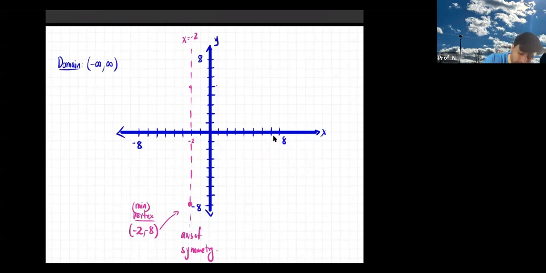What's the range? That's the one that changes all the time. So what would be the range for this parabola, knowing the fact that the vertex is negative 2 comma negative 8 and it's a minimum? What would it be?